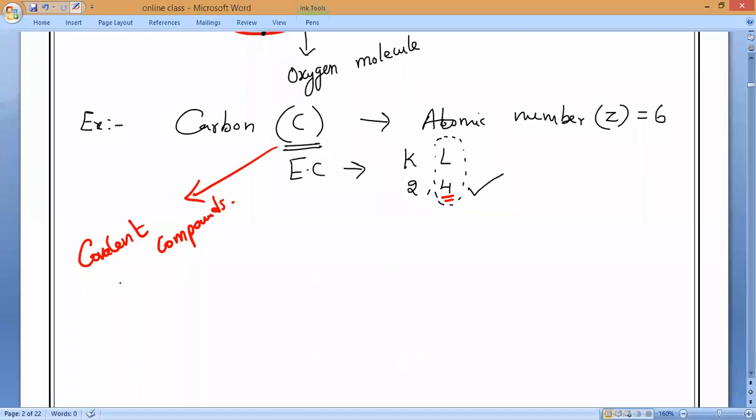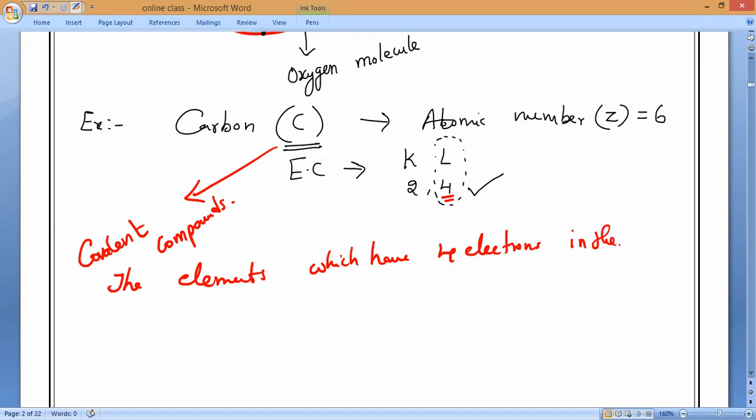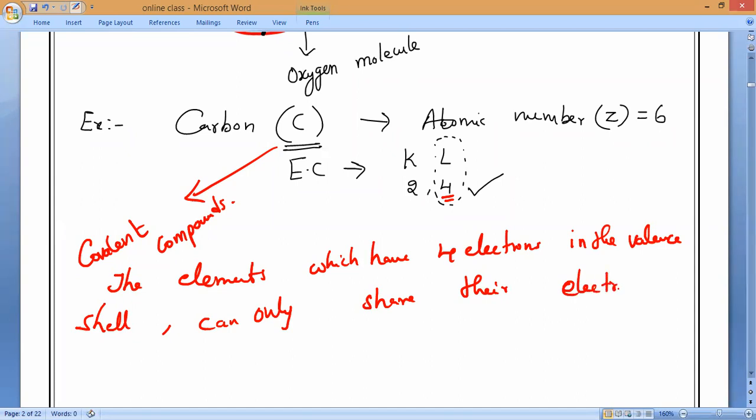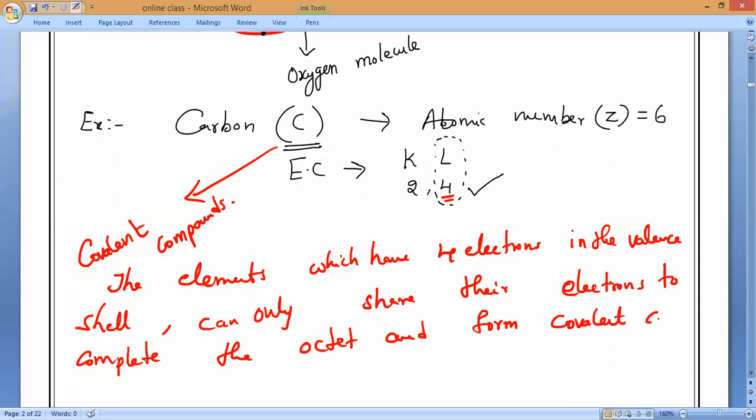That point also you have to write. The elements which have 4 electrons in the valence shell can only share their electrons to complete the octet rule and form covalent compounds.